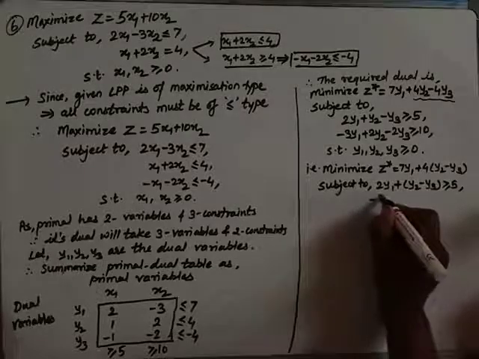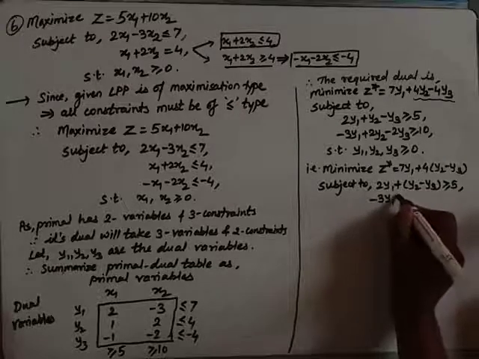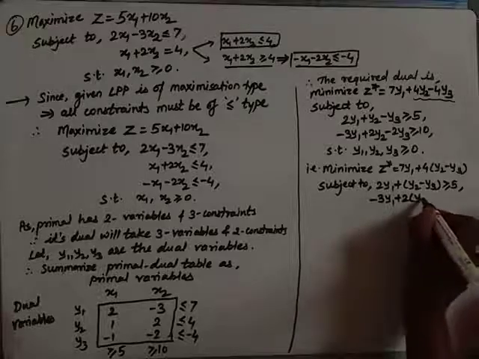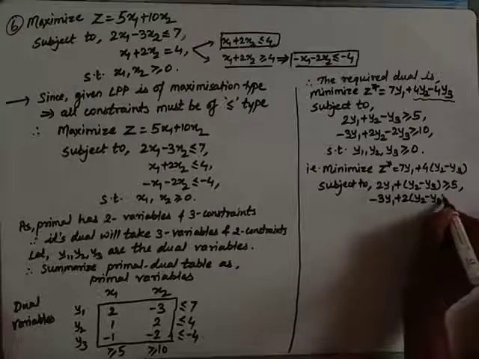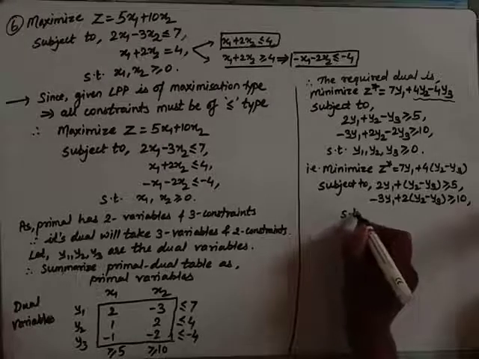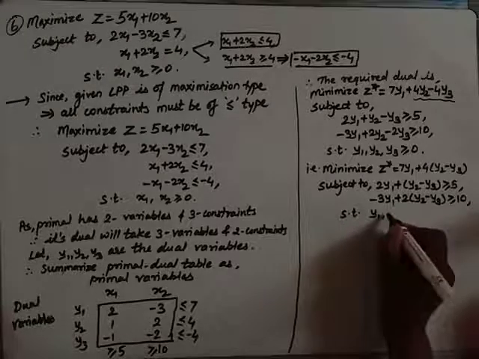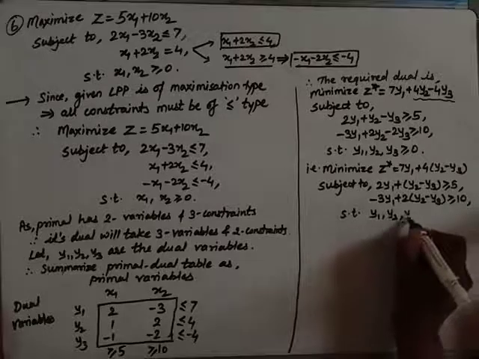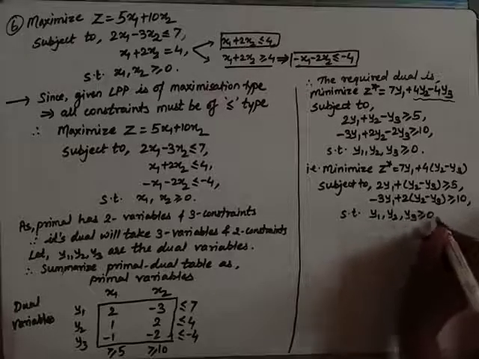Again minus 3y1 plus 2 into y2 minus y3 greater equal 10, such that y1, y2, y3 greater equal 0.